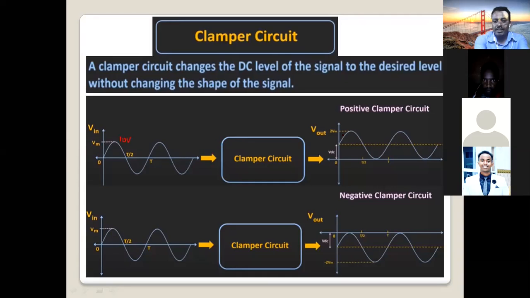After clamping, this peak value, the maximum value, is shifted by 10 volts, so it becomes 20 volts. So the peak value changes from 10 to 20. I'm not saying peak to peak. Peak to peak remains the same. Peak to peak means the range from maximum to minimum.